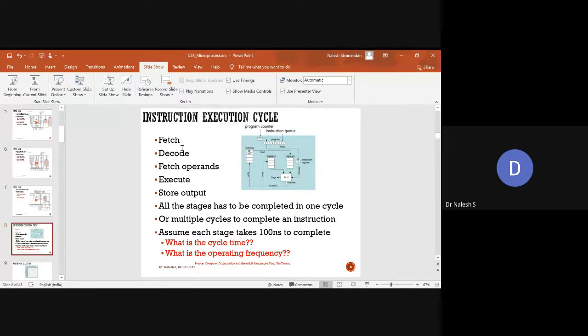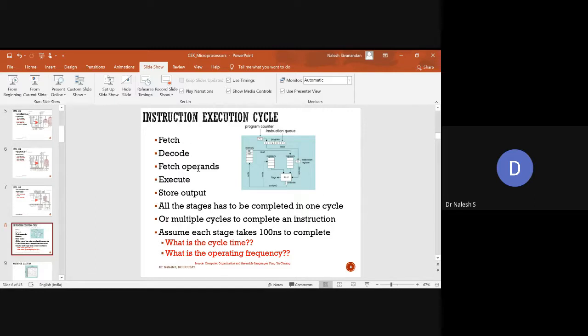Is the question clear? An instruction has to go through all these stages for it to complete. And we say that each instruction takes one cycle to complete. Each stage takes 100 nanoseconds.